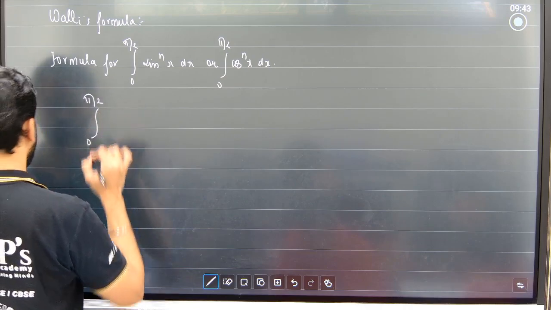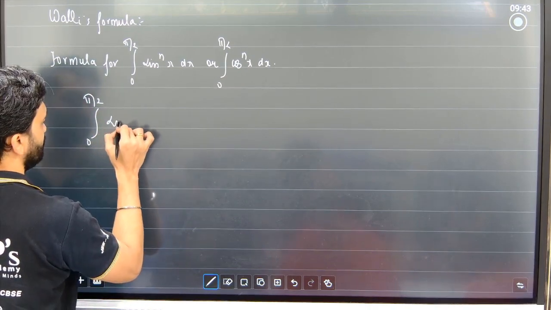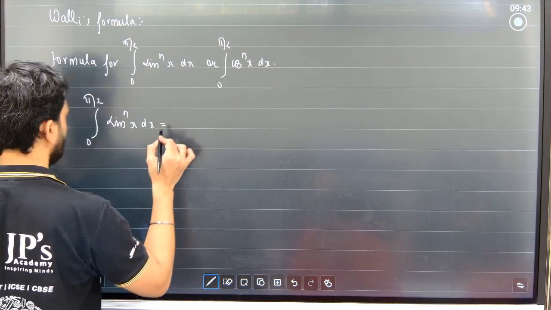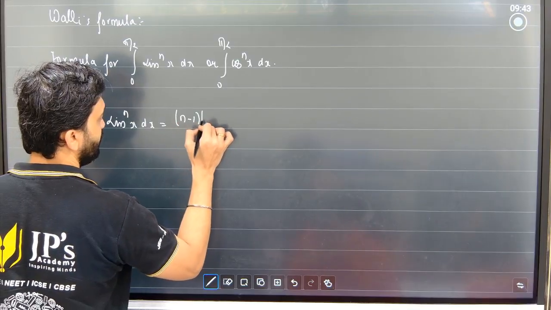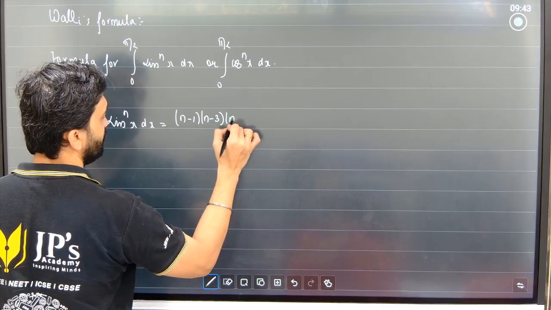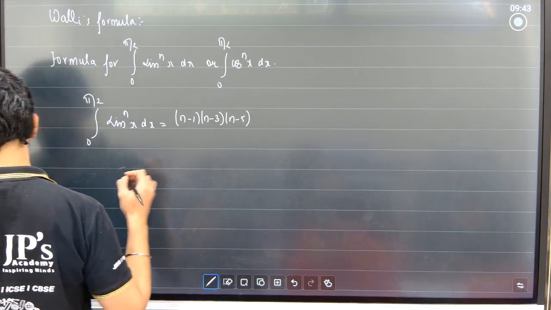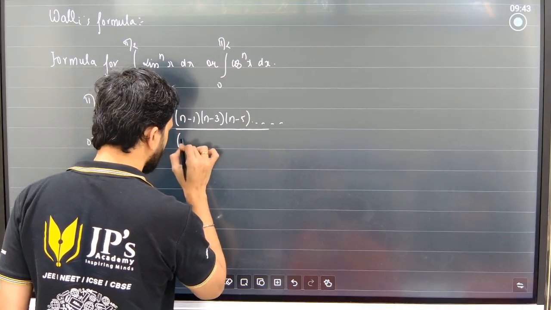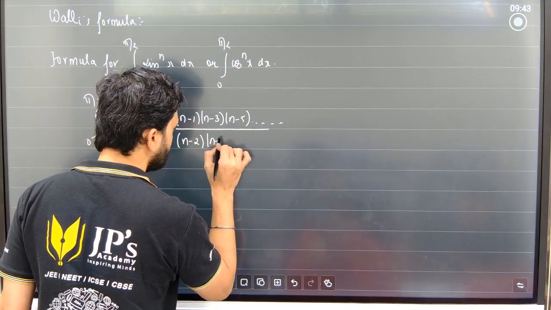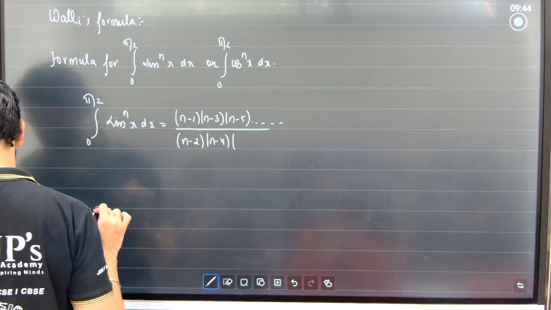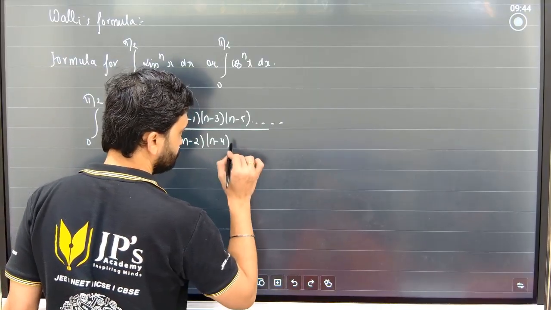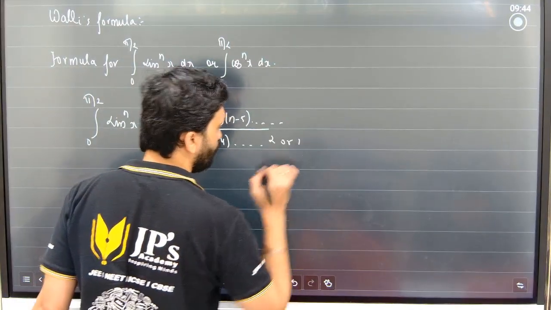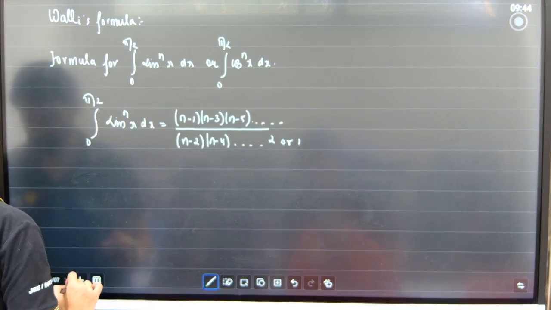integration 0 to pi by 2 of sine raised to n x dx is equal to (n minus 1)(n minus 3)(n minus 5) upon (n minus 2)(n minus 4), ending in 2 or 1.